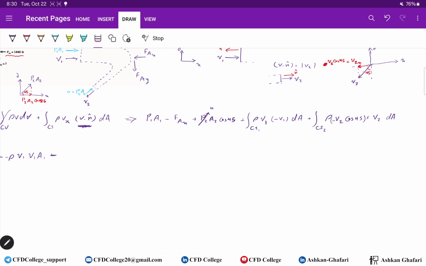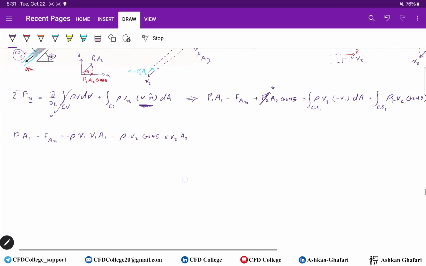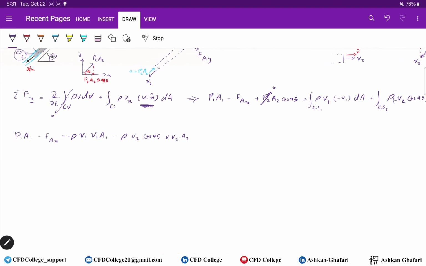Minus rho V2 times cosine of 45 degrees times V2 times A2. Yes.